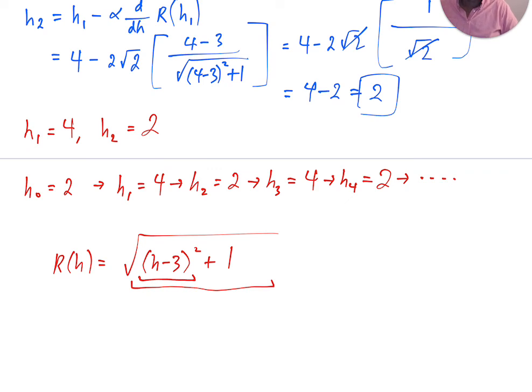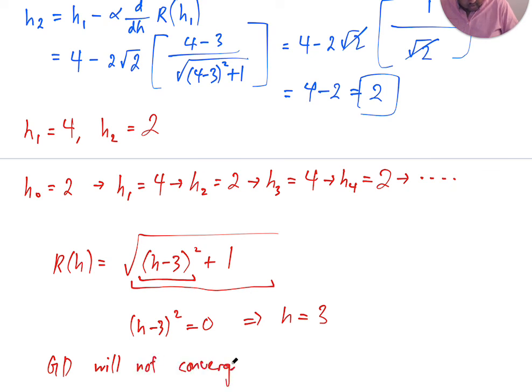And the lowest possible value of that is 0. Right? So the way to actually minimize this function is by making h minus 3 squared 0, which tells us that this function is minimized when h is equal to 3. But gradient descent keeps guessing 2 and then 4, and then 2 and then 4. So in this case, it doesn't matter how many iterations we have, gradient descent will not converge. That's not fun. That was question 1.